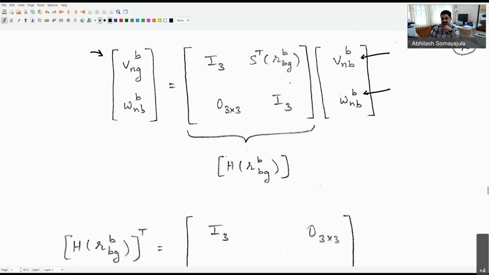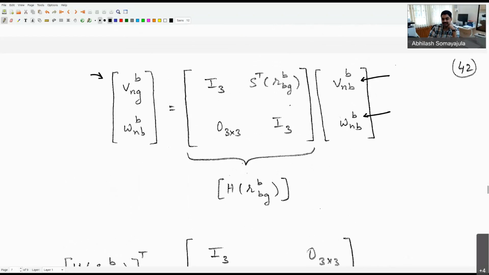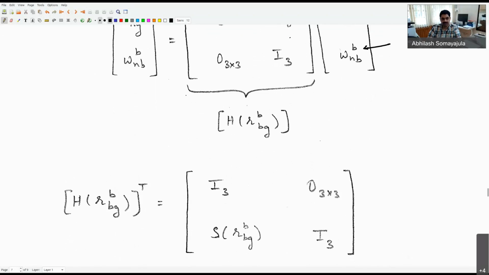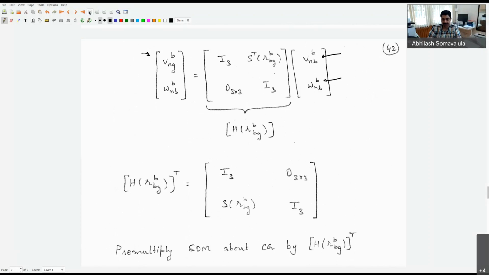All right, this matrix is what I will call the H matrix for my purposes. Notice that if I take a transpose of this H matrix, I get this value here. When I take a transpose of this matrix, the identity remains as the identity.